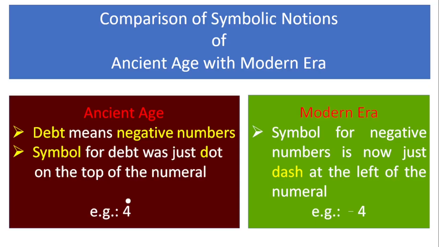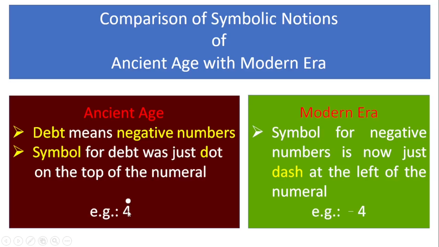As we mentioned earlier, negative numbers are called rina sankhya, and rina means debt, and the symbol for negative numbers in ancient times was this, as you can see over here.